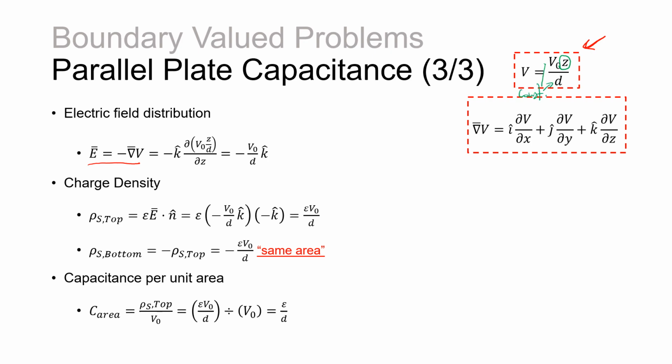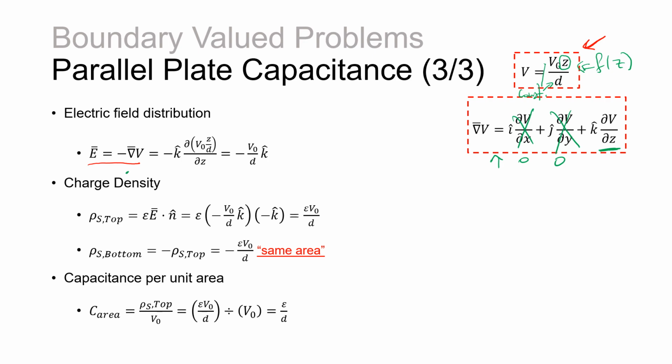Then when we apply the gradient relation, since V is only a function of z, these two components will be 0. Then you will be left with this component only.